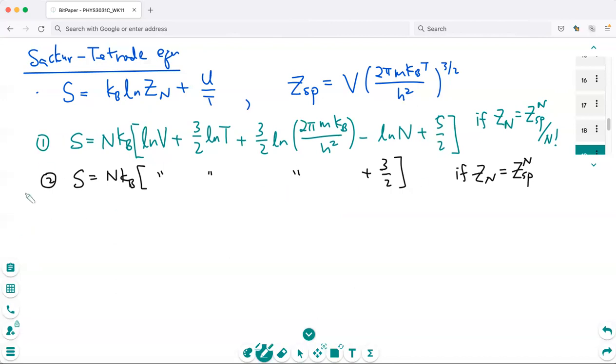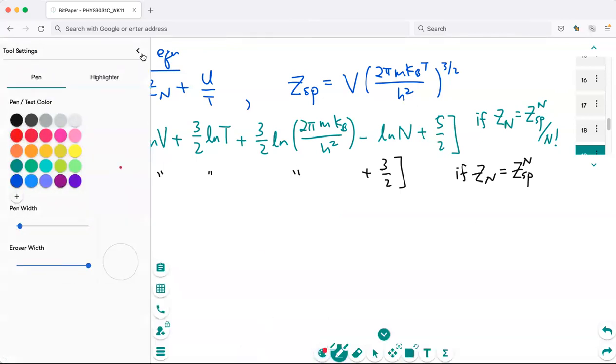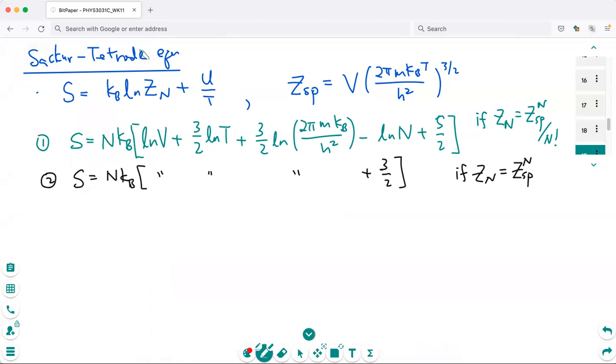Expression 2, I used a different color. It's a very colorful slide. I want to know why this is wrong. Of course, I told you the partition function is wrong. A long time ago I already justified that we have to use the second one.